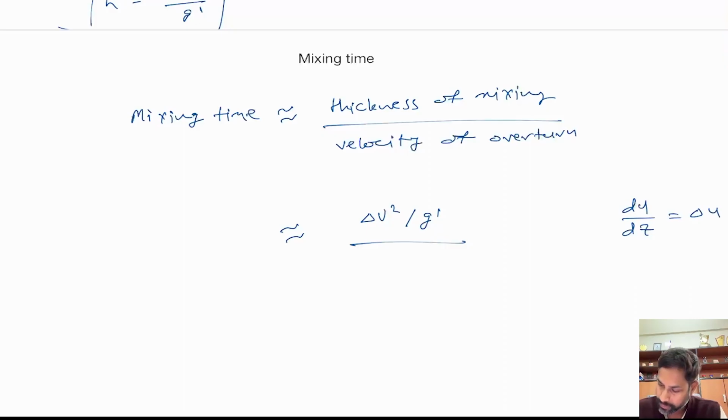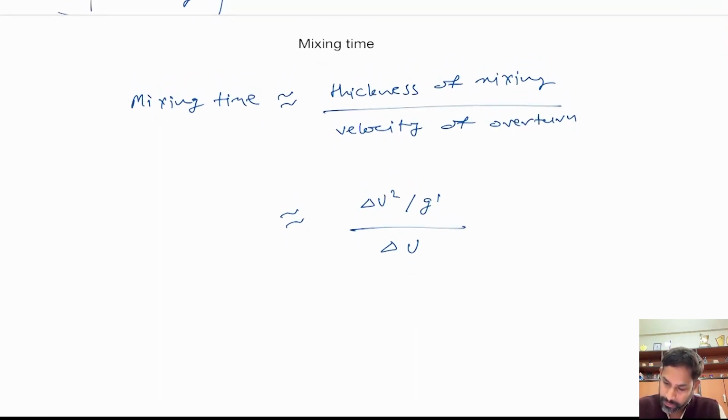So in other words, what we can do here is try to predict time based on delta u by delta z, in that delta u is the difference in shear velocity in the vertical direction, and delta z is simply the vertical length scale, right? So both delta u and delta z now belong to the vertical coordinate, and that is why we can simply use the delta u value here.